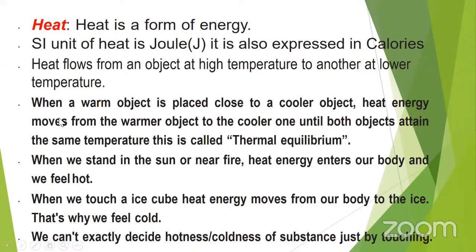For example, a body is at 100 degrees Celsius. The other body is at 20 degrees Celsius. So the body at 100 loses hotness. The same energy is gained by the body which is at lower degree of heat.